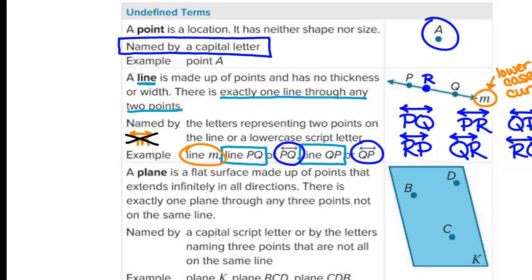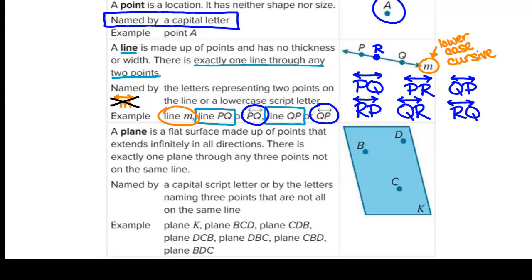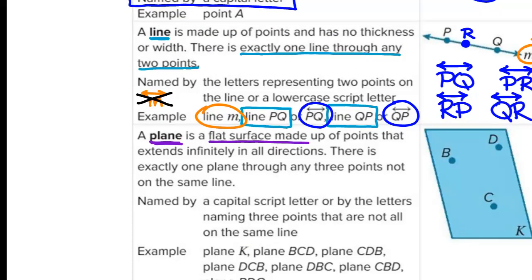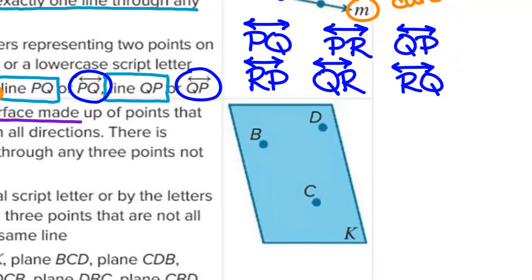The last thing that I want to talk about naming today is a plane. A plane, we discussed, is a flat surface. This is made up of an infinite number of points. If you look at the plane that's drawn here, they only show 3 points on that plane.